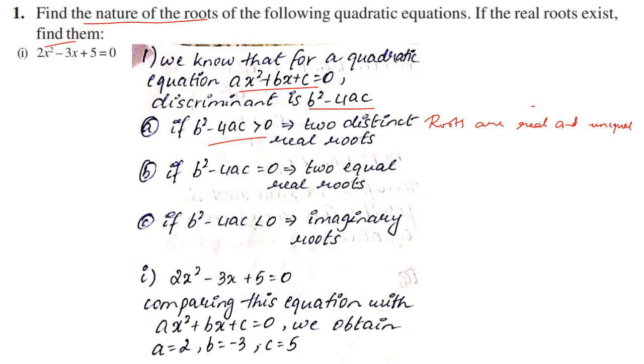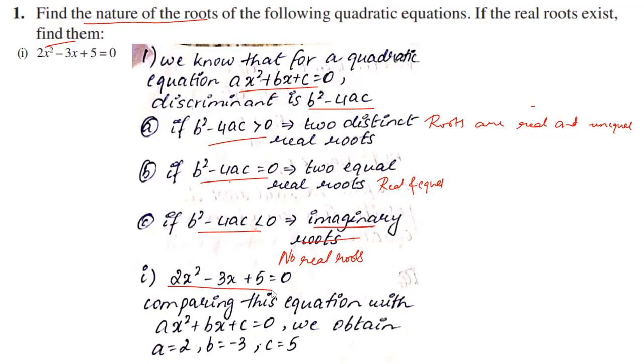If b square minus 4ac is equal to 0, then roots are real and equal. If b square minus 4ac is less than 0, roots are imaginary. There are no real roots.